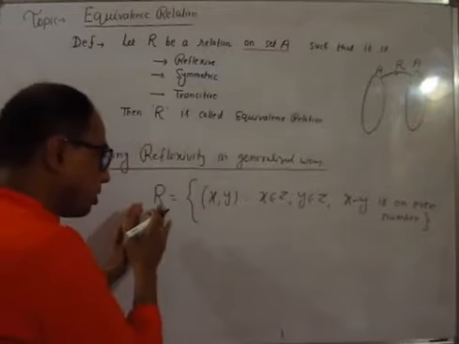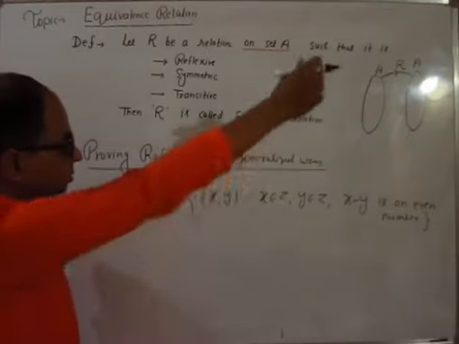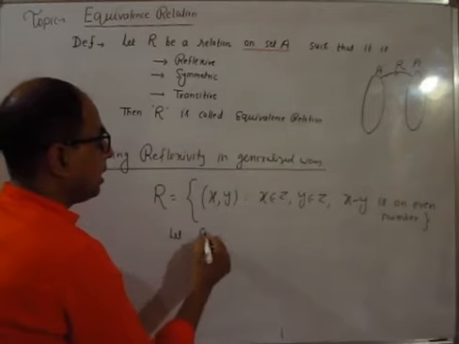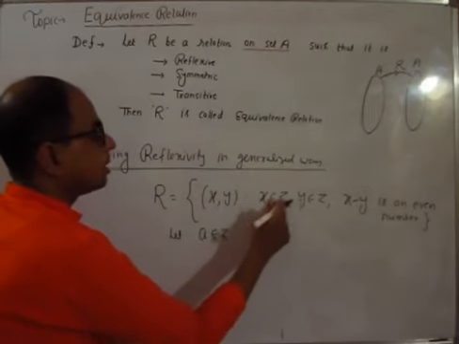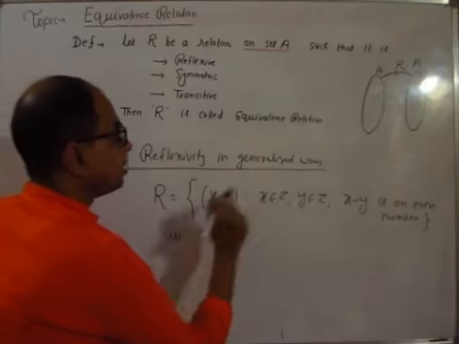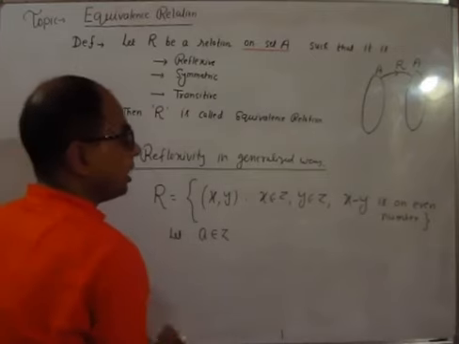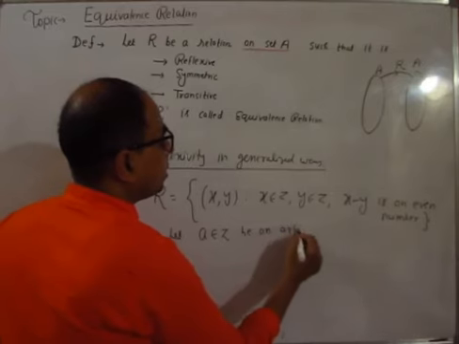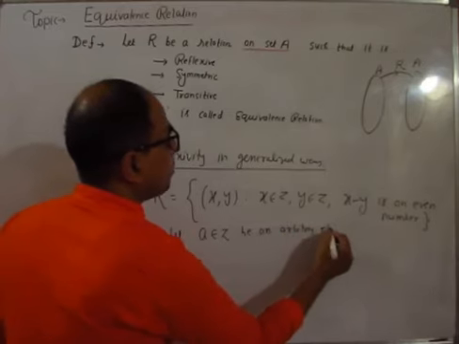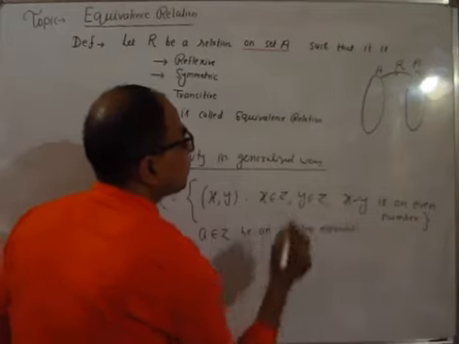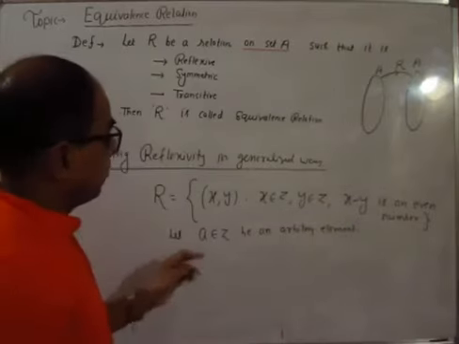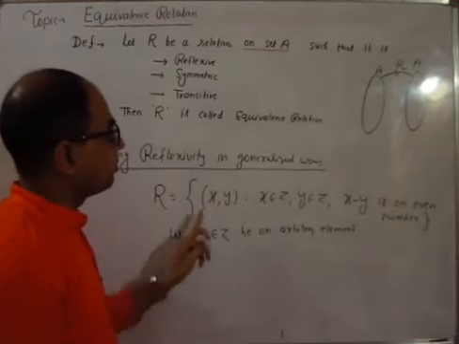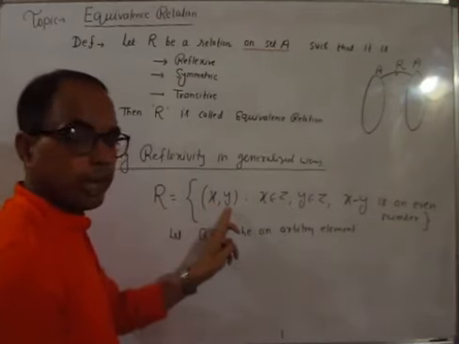If we have to prove whether it is reflexive or not, what can we do? Let a belong to Z be an arbitrary element of the given set. For reflexivity, a must be related with itself. That means x is a and y must also be a.